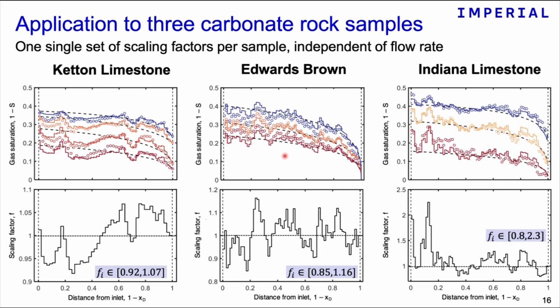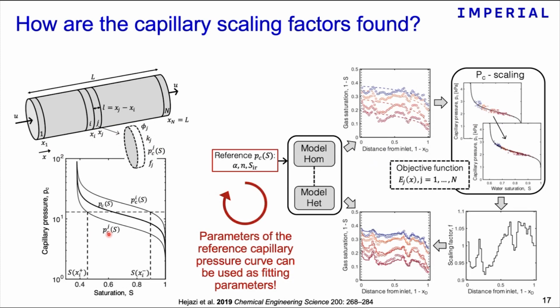Now, you might ask yourself, well, how do I get these scaling factors, right? And so to do that, essentially, we applied an, I would say, automatic method, which is depicted in this workflow here. So the method is actually very data rich. You make use of the saturation profiles that are measured at each location by the X-ray CT scanner.